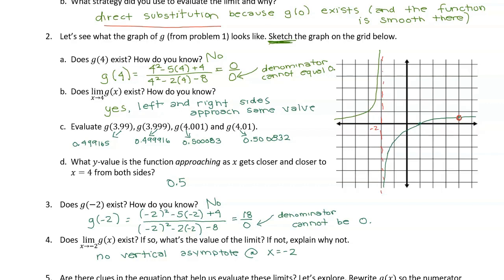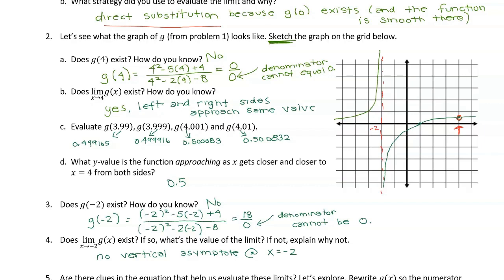Now, let's talk about what is going on at x equals 4 right here. Problem 2a says, does g of 4 exist? And the answer is no, because when I plug 4 in, I get 0 in the denominator. And we cannot have a denominator that's equal to 0. The function is undefined at that point.